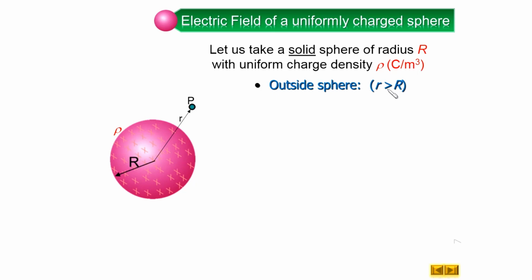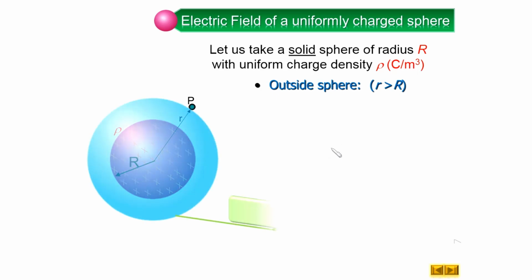So here if we draw a Gaussian surface, a hollow sphere passing through P, we can observe the electric field is parallel to the area vector at each and every point of the Gaussian surface. That's why we select the Gaussian surface as a hollow sphere of radius small r. This is the Gaussian surface.